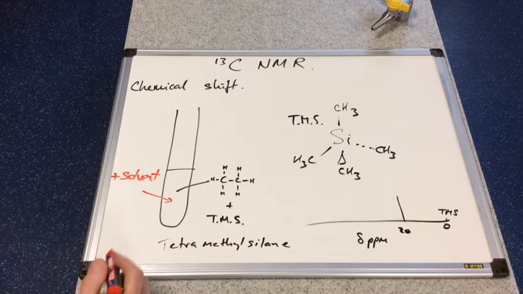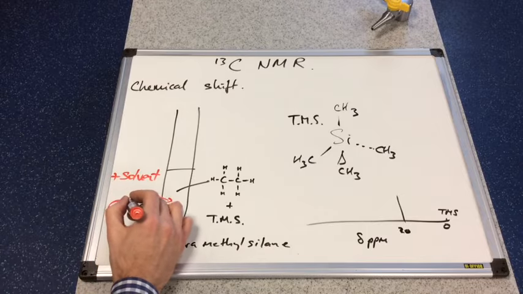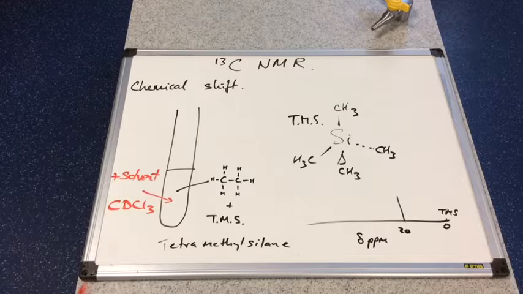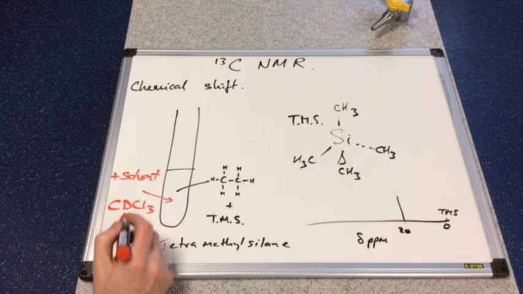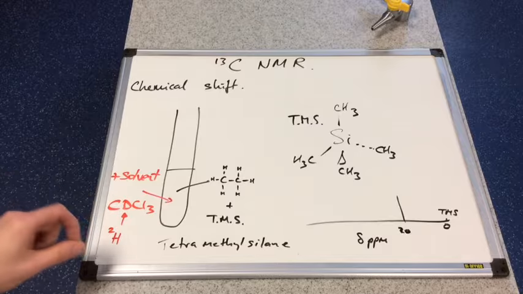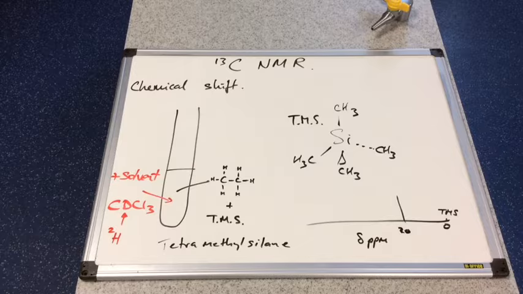So a typical solvent used in NMR is something called CDCl3, and the D there stands for deuterium, which is the hydrogen 2 isotope. So normally we'd have hydrogen 1, that's replaced with hydrogen 2, so it's given this capital D for a symbol.